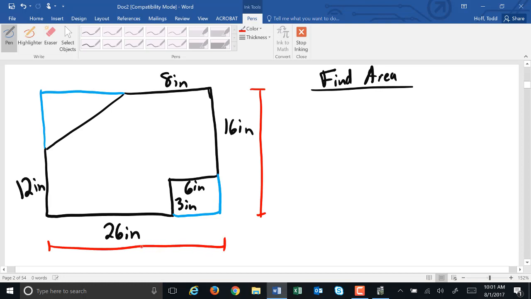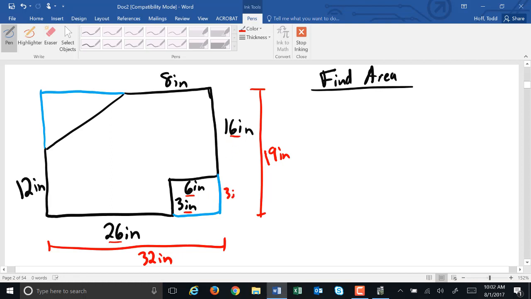Well, down here on bottom, what's this going to be? It'll be 26 plus 6, right? 32 inches. How about over here? 19, very good. 16 plus 3.